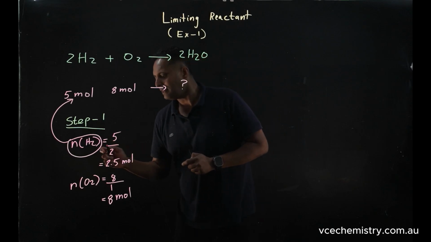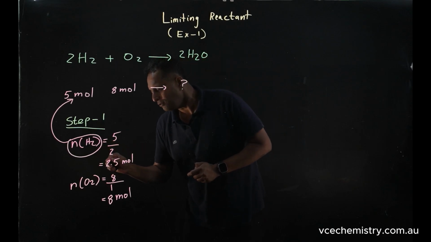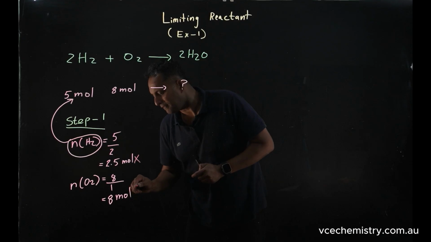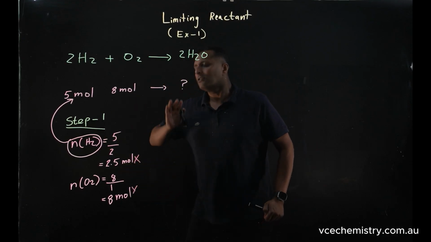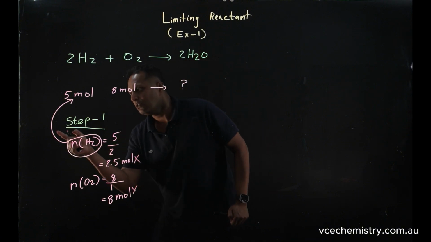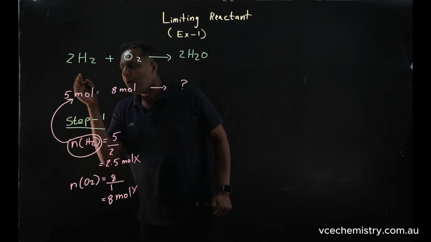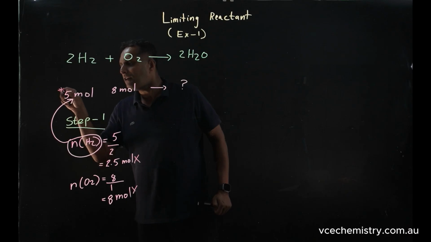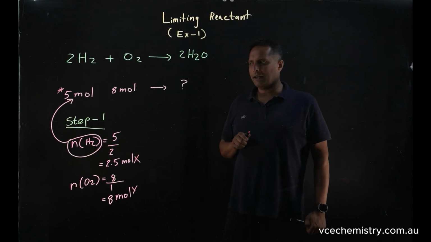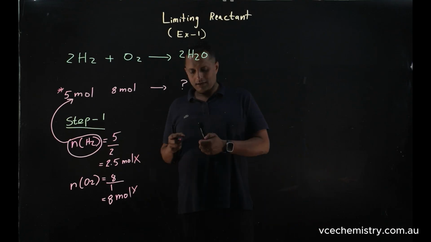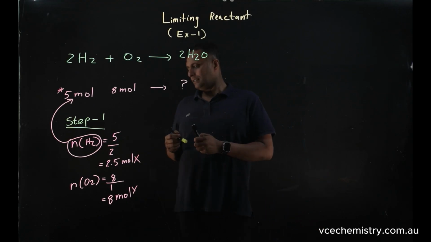After you have found out what the limiting reagent is, make sure you do not use these numbers, because they are not part of our calculation. You just do this step to find out what the limiting reagent is. Then you go back to the original number of moles of the limiting reagent, because that is the one we are going to use in our calculation. Right, is that clear? So we found out what the limiting reagent is, then write a statement.